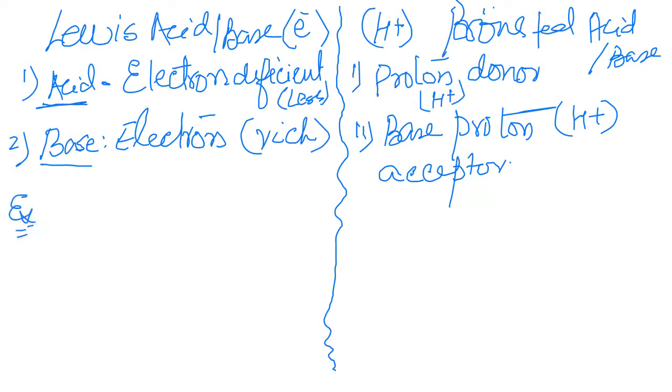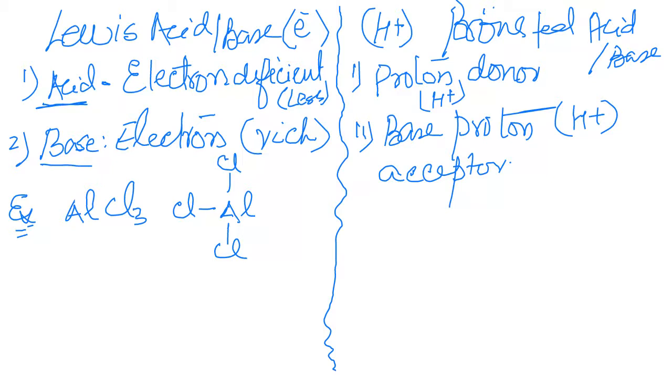Example here, a very good example, AlCl3. We can write here AlCl3. This is the Lewis structure, but its octet is not complete. So this is only electron deficient, right? So this is a Lewis acid.